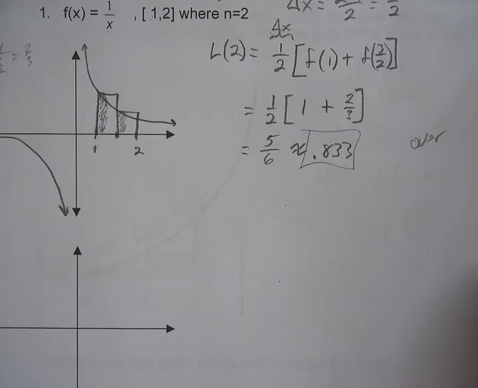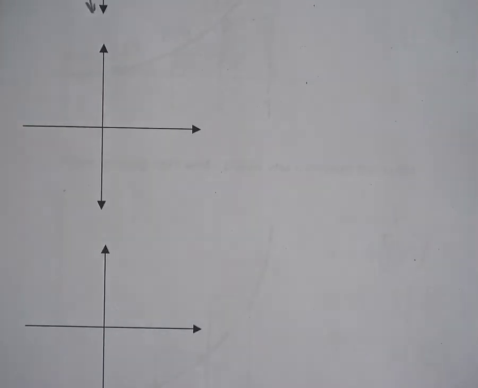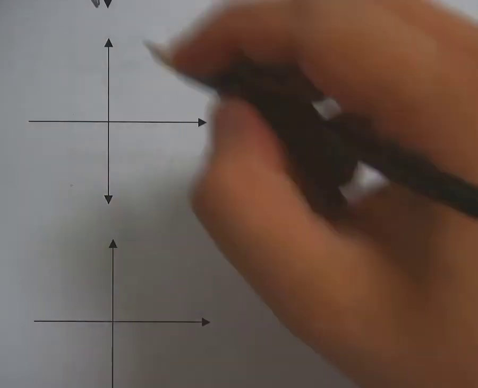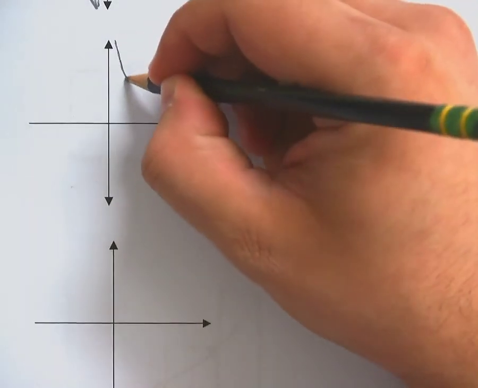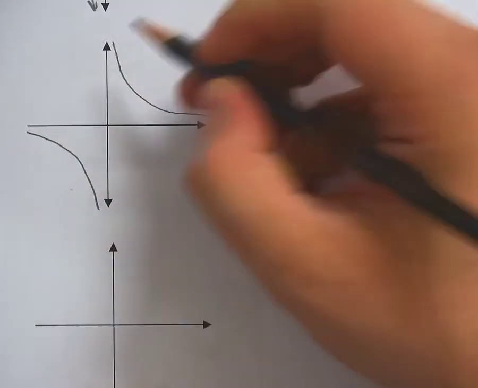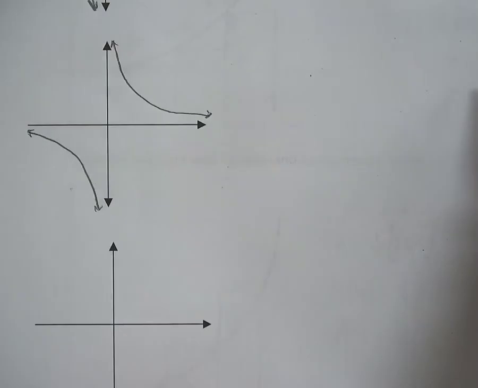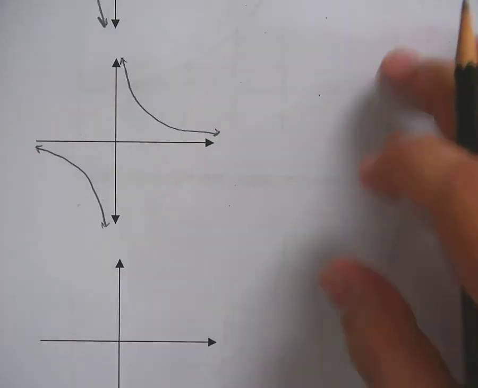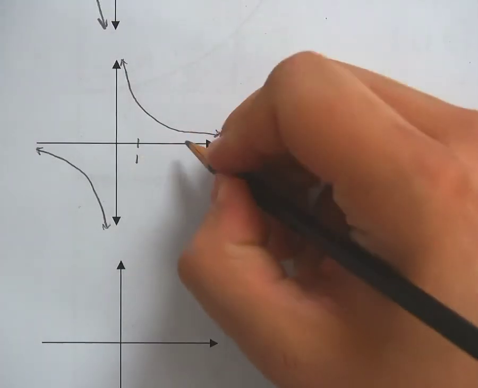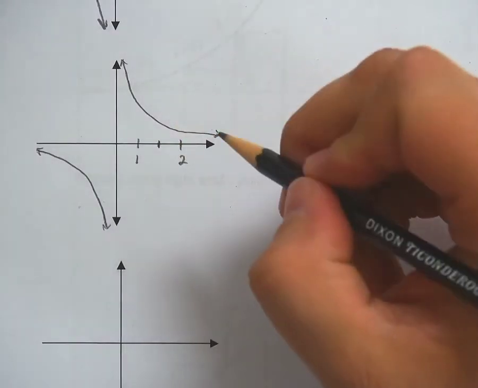Alright, same function, now I'm going to do a right-hand sum. So I'm going to come down here, draw my function again. Same function, except now, from 1 to 2, I'm going to do a right-hand sum.